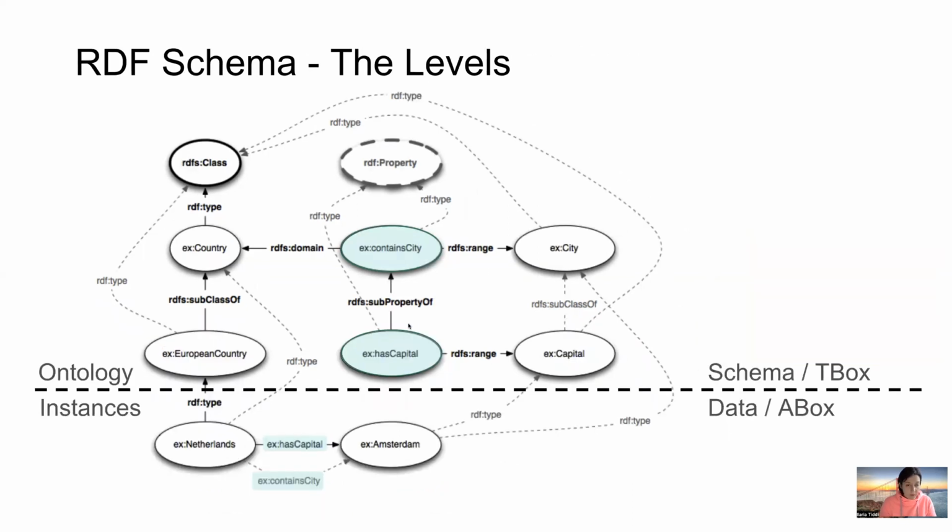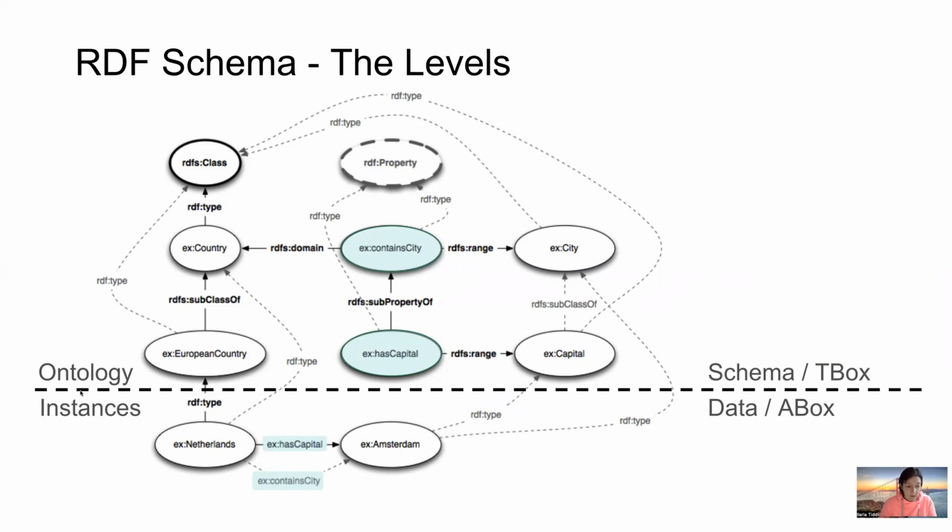And one last note: when we represent knowledge graphs, we often distinguish between two different levels. One is the ontology level, which represents all the information about the classes, the properties, the domain and ranges, subproperty of, subclass of. We also call it the schema level or the T-box, terminology box.